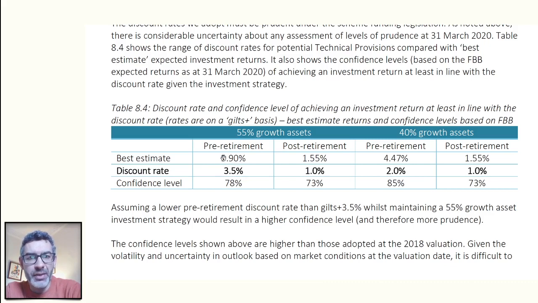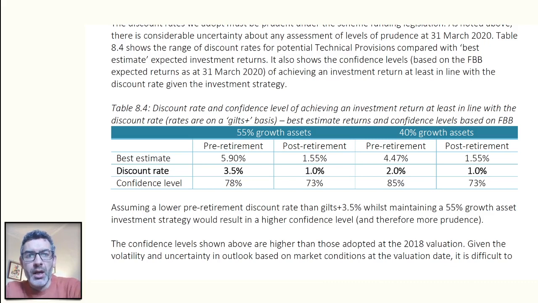Gilts plus 5.9%. Now that best estimate or best guess is the median guess. In other words, it means that half of the time USS expect to be able to do better than gilts plus 5.9% on their portfolio, and half the time they expect they will do worse.